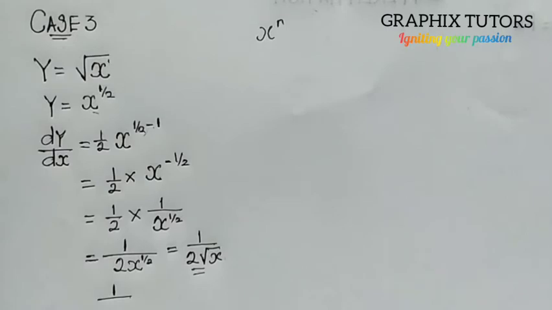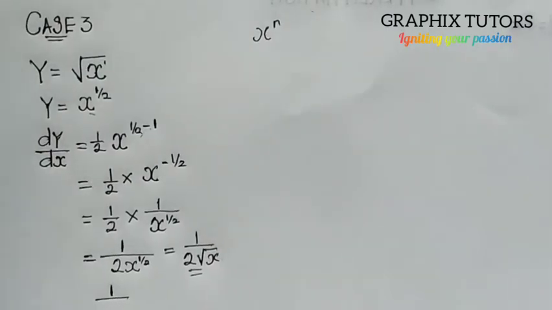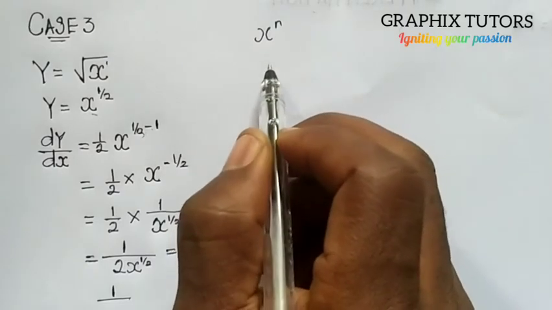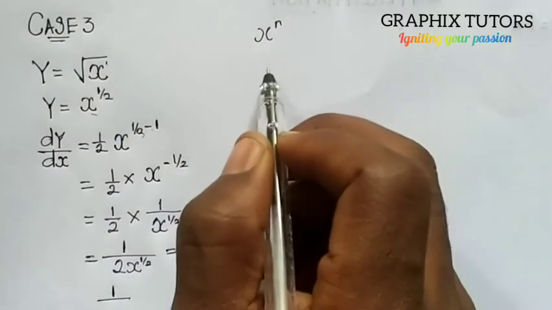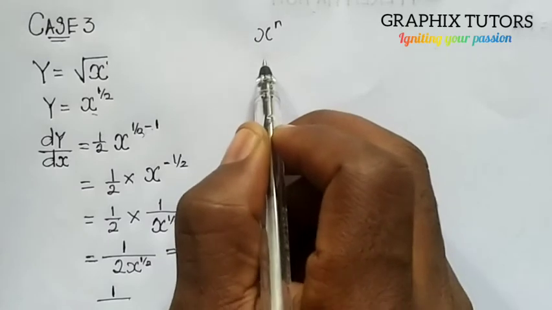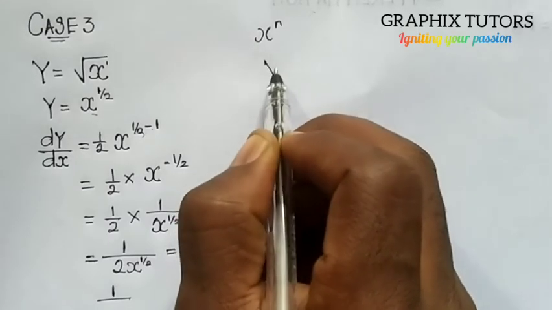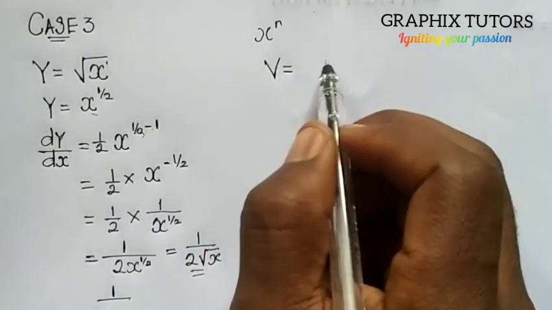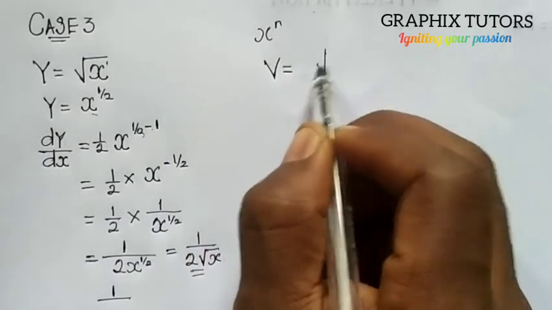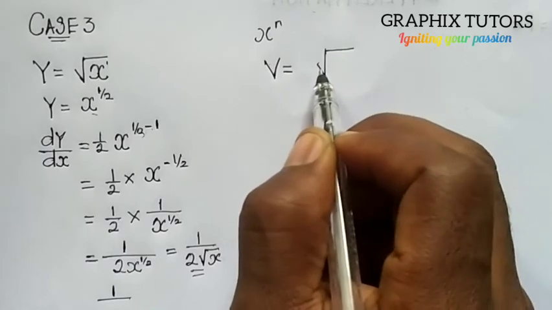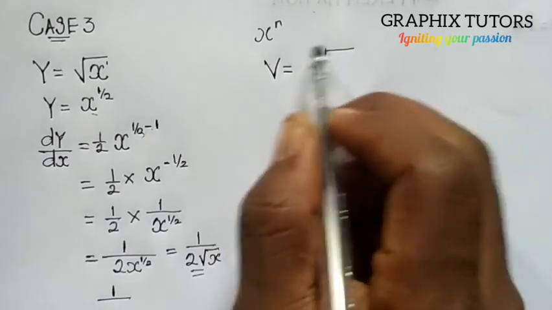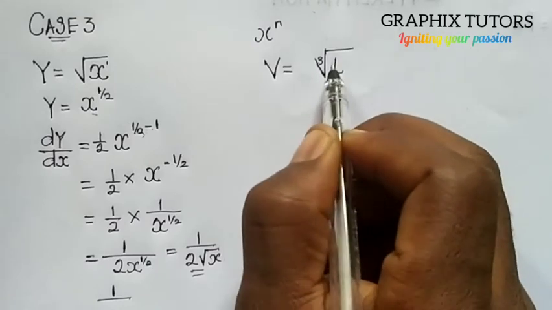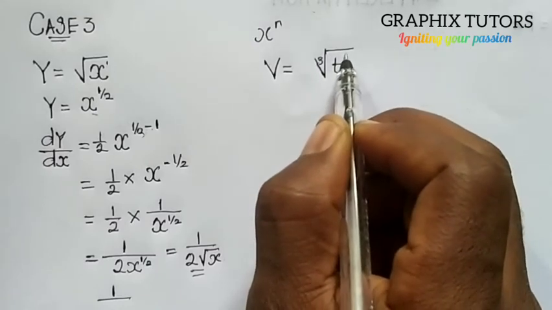Now, what about if I write it like this, let me use something else, let me say v equals the cube root of t squared.